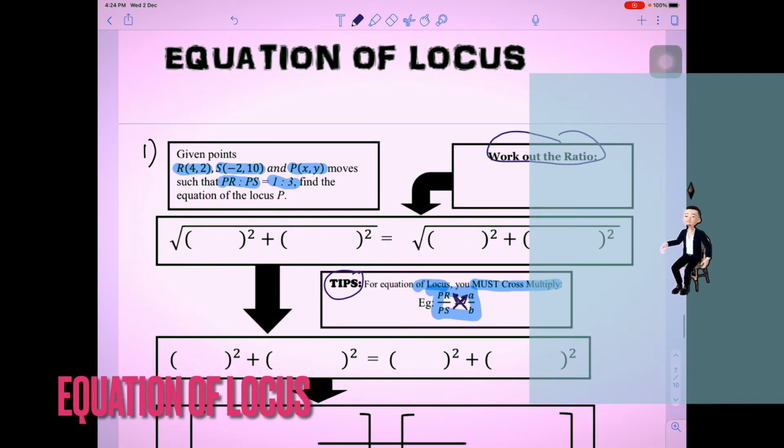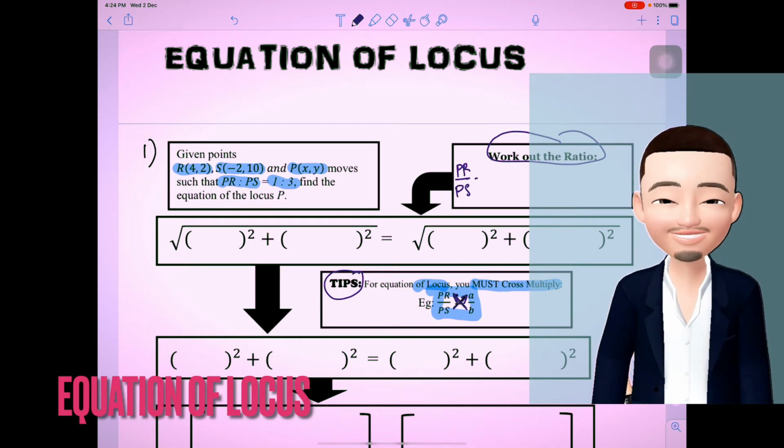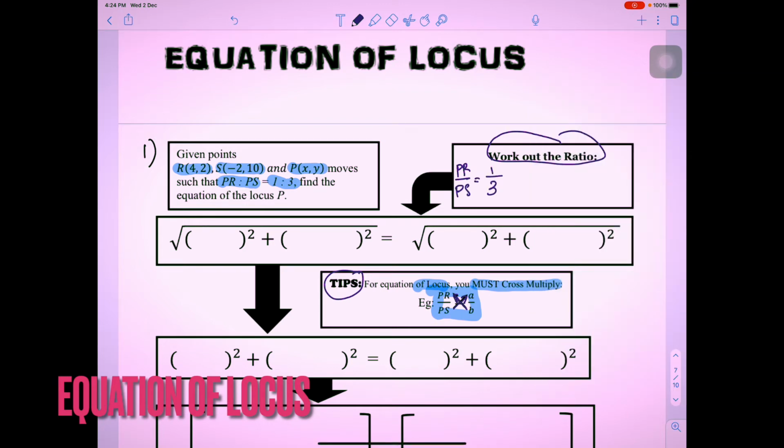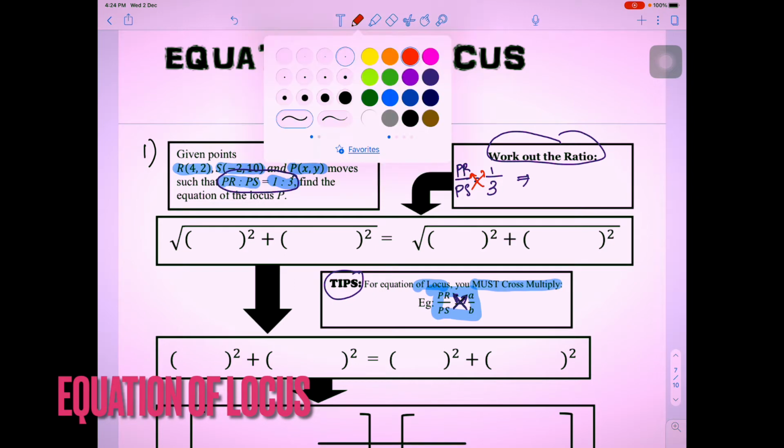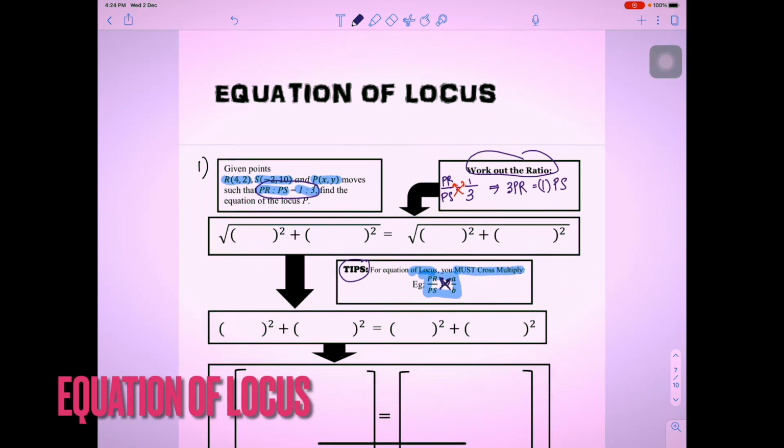It is given that PR over PS equals 1 over 3 when you convert the ratio to a fraction. Then cross multiply, so now it becomes 3 times the distance PR equals 1 times the distance PS.